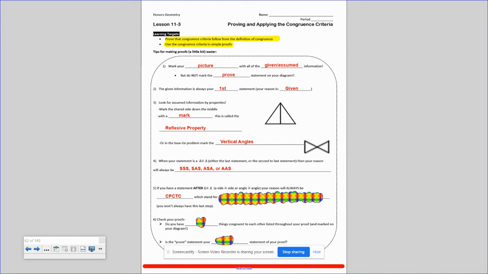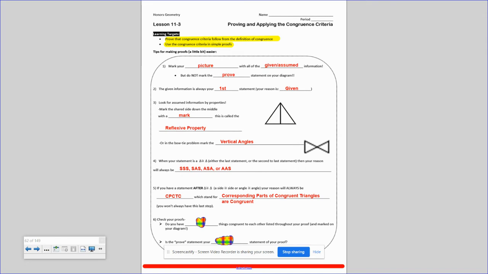If you have to prove something after you've already proven that the triangles are congruent, so sometimes they'll ask you to prove a side is congruent to another side, or prove one of the angles is congruent to an angle, then we're going to use this kind of reasoning here. It's abbreviated as CPCTC, which stands for corresponding parts of congruent triangles are congruent.